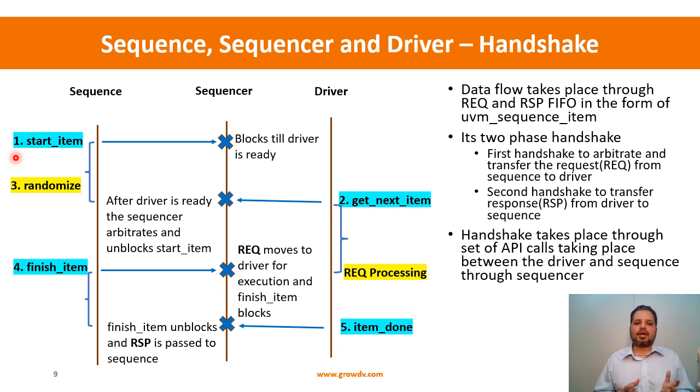But focus over here on the handshake that takes place, where each one of them gets blocked, how they get unblocked, when they get randomized, and when the request processing starts. Those are the points you would want to make sure are clear from this slide.